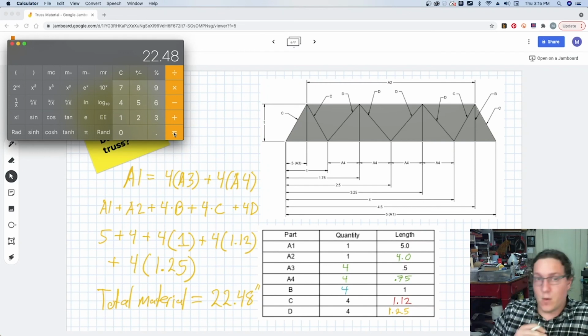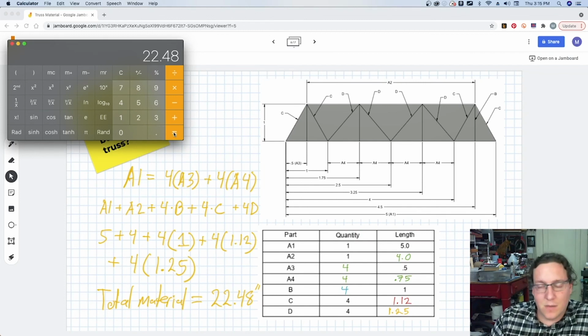So we may have some lost material or not have enough to go ahead and fully cut out all of the pieces individually. So always plan a little bit to get the extra material, but that tells you how much you would need for a project like this.